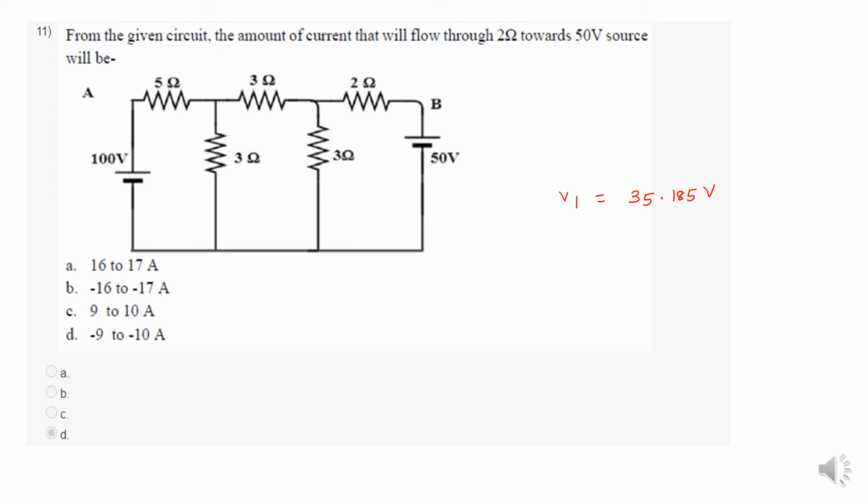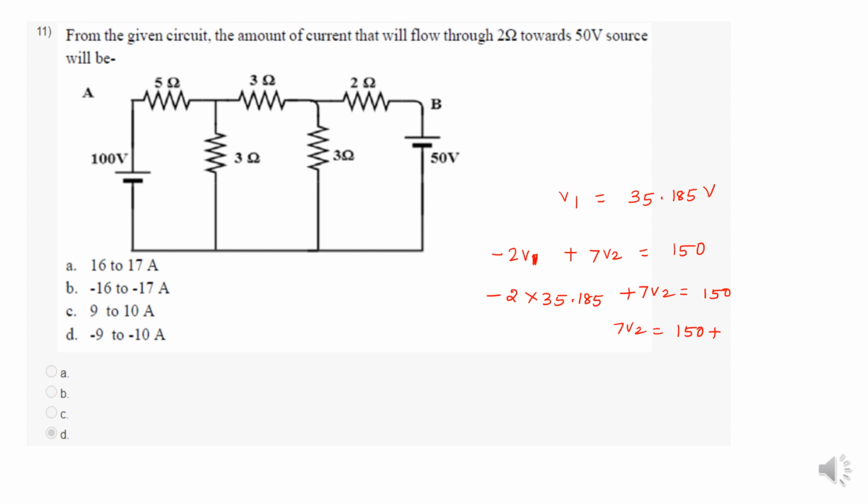For finding out V2, I am going to take the next equation, minus 2V1 plus 7V2 equal to 150. So substitute the value of V1 here, minus 2 times 35.185 plus 7V2 equal to 150. Okay, 7V2 equal to 150 plus 2 into 35.185.